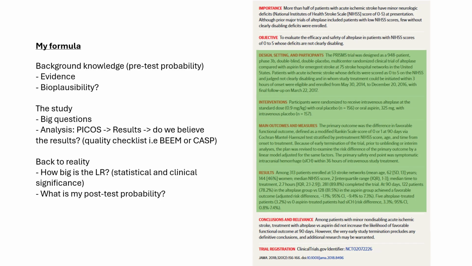That would be a very simplified biomechanical or bioplausibility argument. Of course, there are nuances, and you can make your models of bioplausibility more and more nuanced. But at some point, there needs to be some kind of bioplausibility.